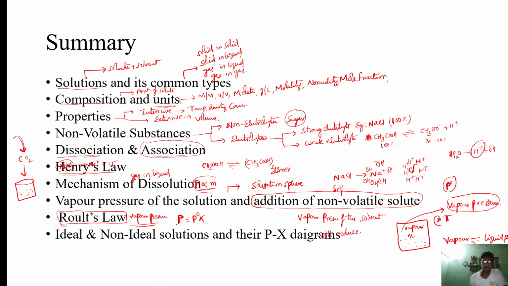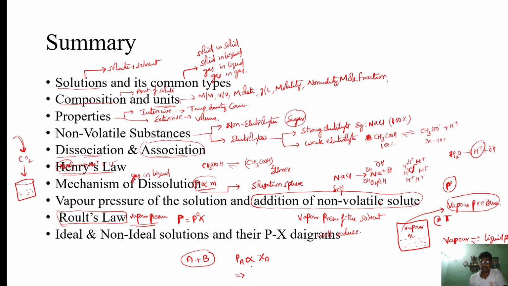Suppose you have a homogeneous mixture with two components A plus B, and the question is to find out the vapor pressure of just A. Raoult's law says that vapor pressure of A in a solution of A plus B is directly proportional to mole fraction of A. That means if you have more mole fraction of A, you will have more vapor pressure. If you have less mole fraction of A, you will have less vapor pressure.